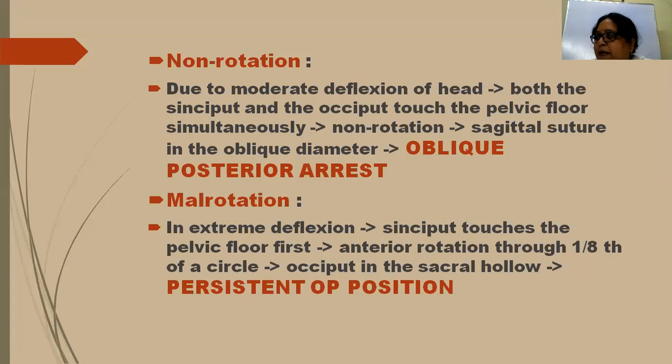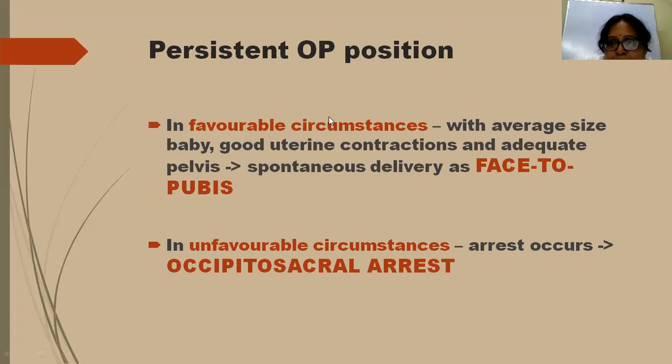So this is called persistent occipito-posterior position. Now let's see how we deliver when there is persistent occipito-posterior position. Persistent occipito-posterior is when the occiput is placed directly over the sacrum like this.